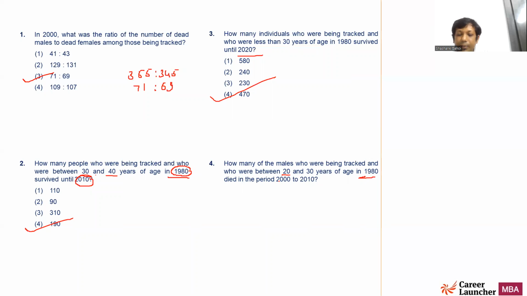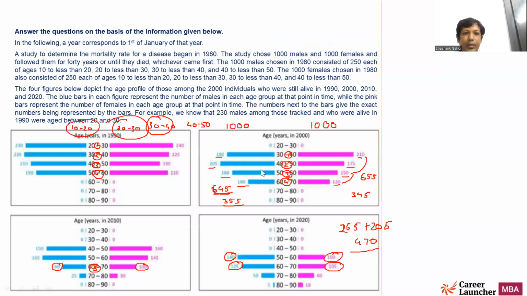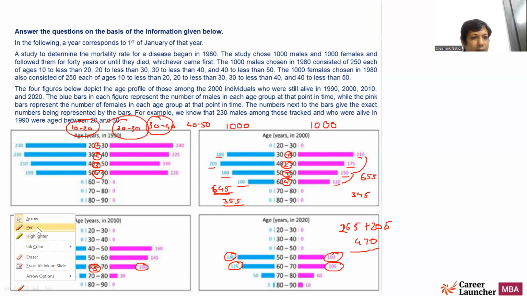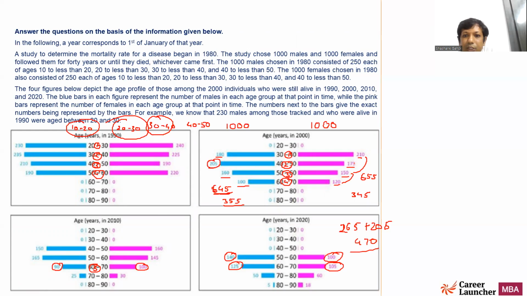So in the second age group, in 2000, I have a total of 380 people.